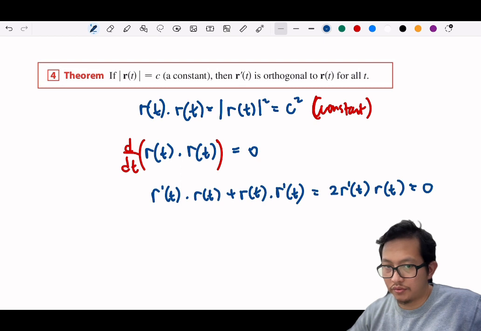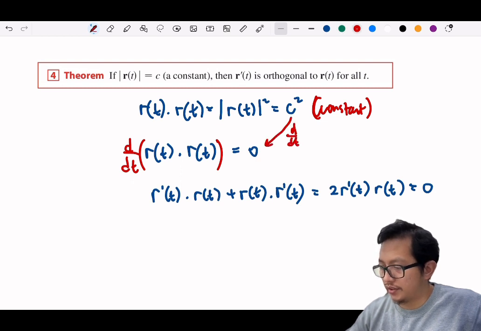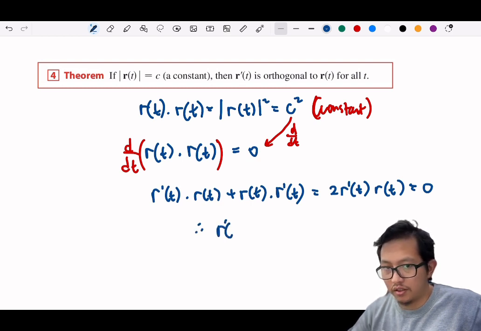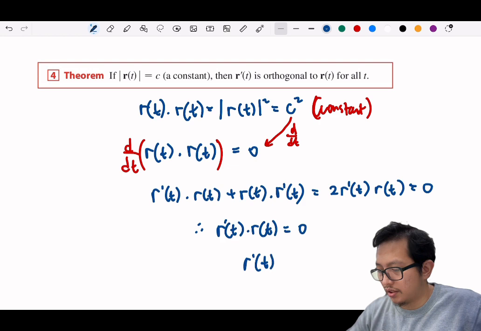Since it's 0, this means the derivative here is 0. So it means that r prime of t dot r of t is 0, and then r prime of t is orthogonal to r of t.